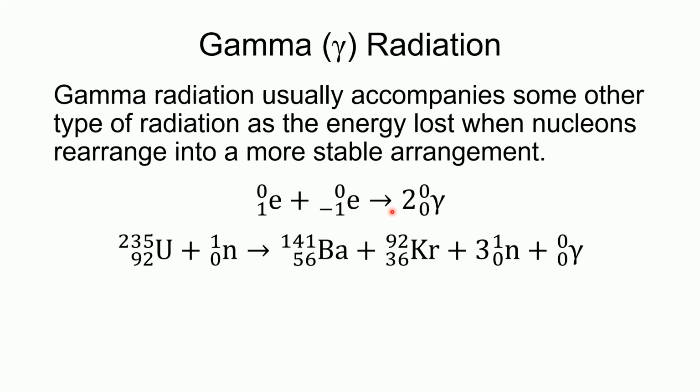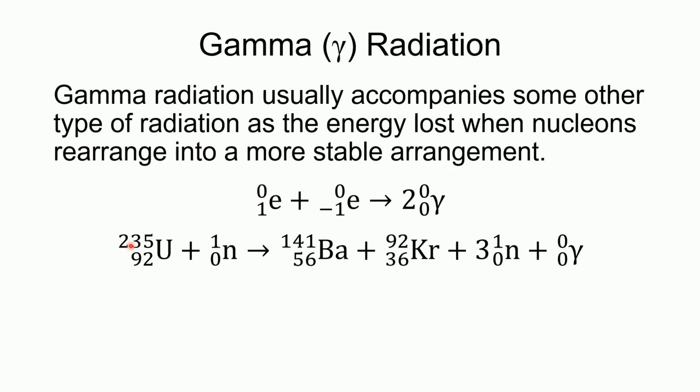Here is an example where gamma radiation is given off. This is a fission reaction. We'll talk about fission later in the chapter in a lot more detail, but in this fission reaction, uranium-235 is hit with a neutron. We get barium-141, krypton-92, 3 neutrons, and a gamma ray. So gamma radiation is one of the components that is given off.